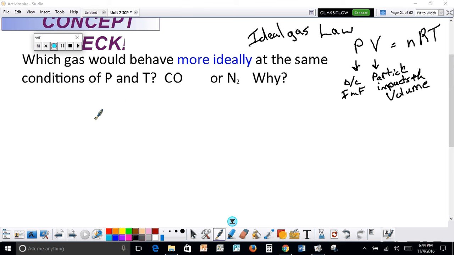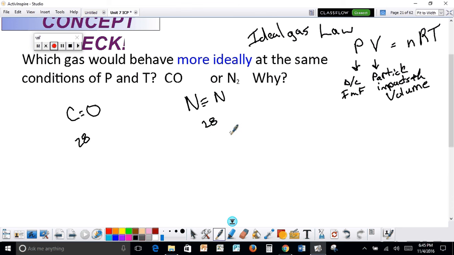All right, so when we look at this, we have carbon monoxide, CO, double bond, and then we have N triple bond N. All right, so mass-wise, we have carbon at 12 and oxygen at 16, so 12 plus 16 gives us 28, and nitrogen 14 plus 14 gives us 28.